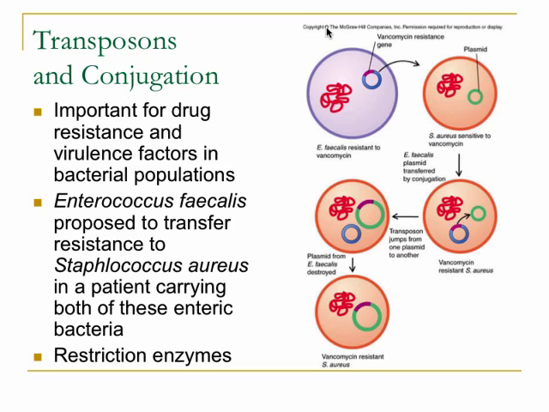So the gene for vancomycin resistance ended up in the plasmid that is unique to Staphylococcus.